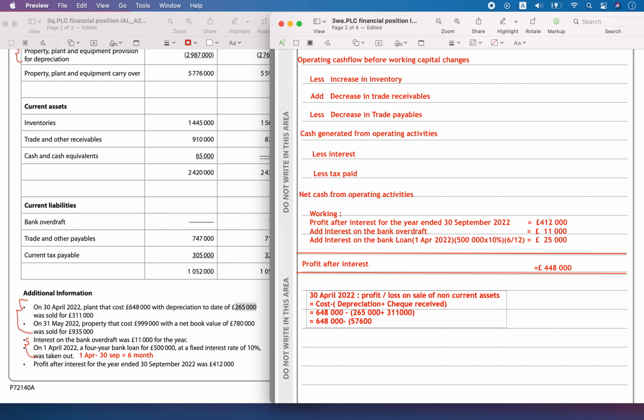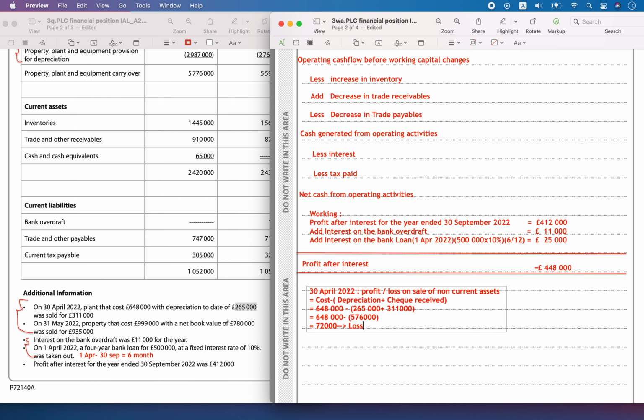So you can see 576,000. Still the cost is more, which means that you have generated a loss. So 648 minus 576 is equal to 72,000. So you have generated a loss of 72,000.